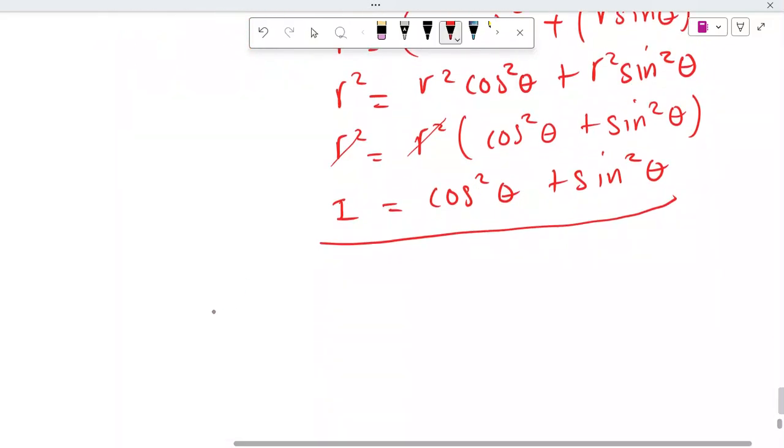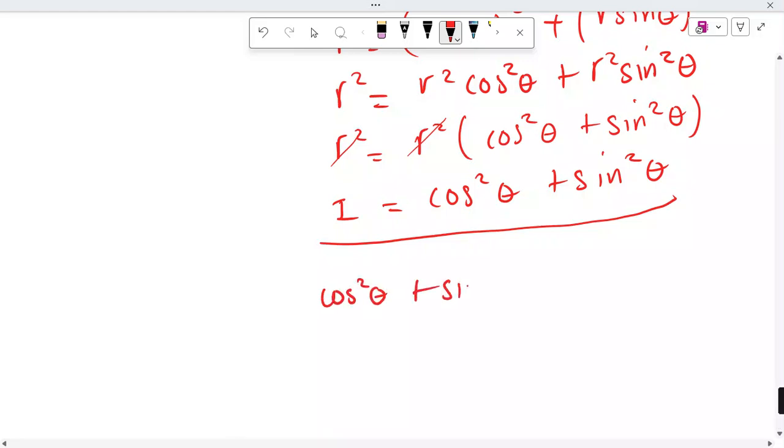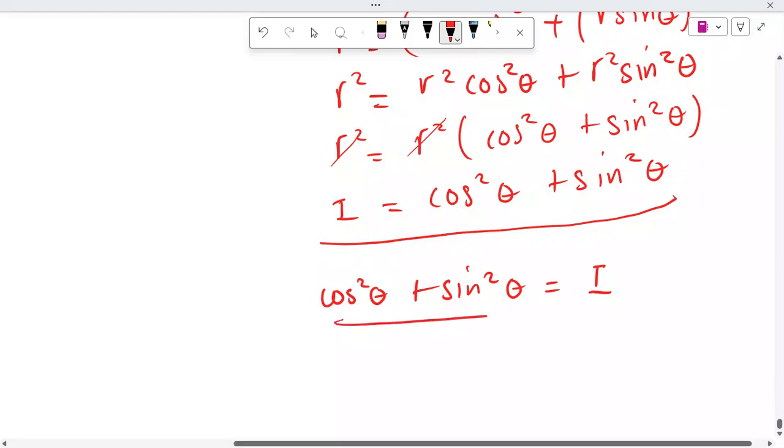So when you find cos squared theta plus sine squared theta, you can just substitute it with 1. So cos squared y plus sine squared y, the same answer will be equal to 1.